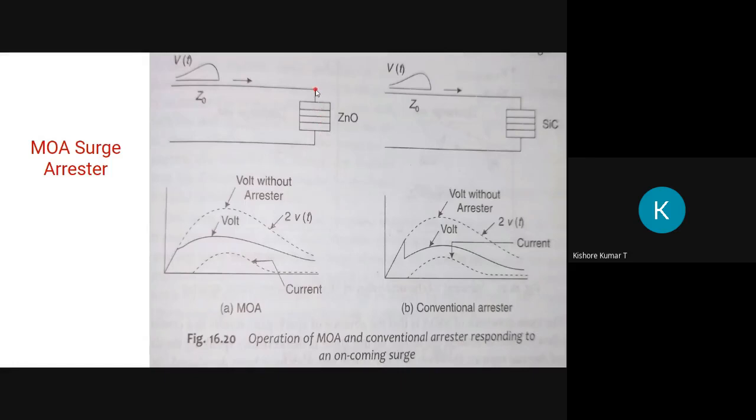Whenever there is a moderate value of potential at the line, this metal oxide will provide perfect non-linearity. That is the purpose for which we choose these metal oxide surge arresters or metal oxide lightning arresters.